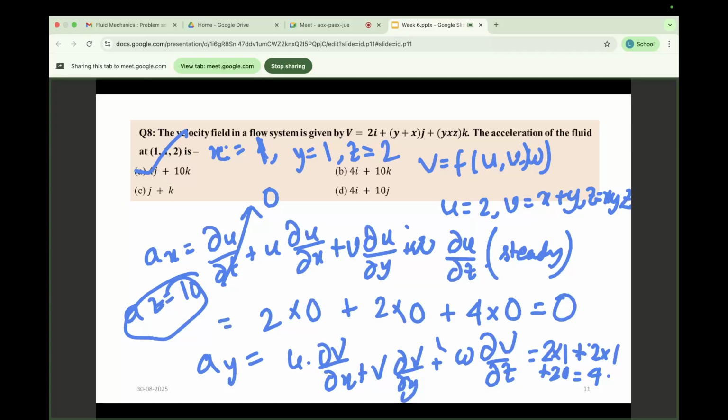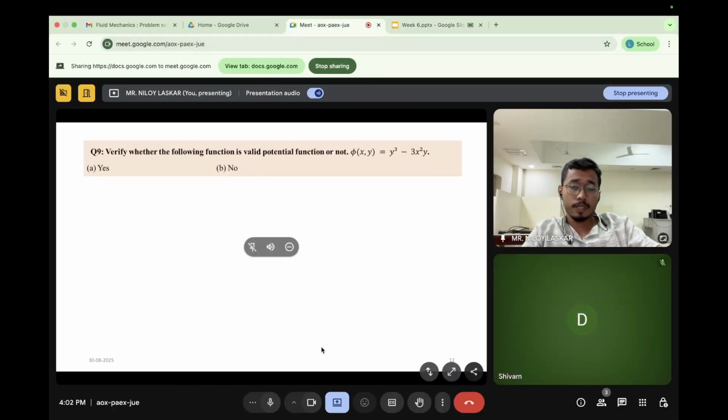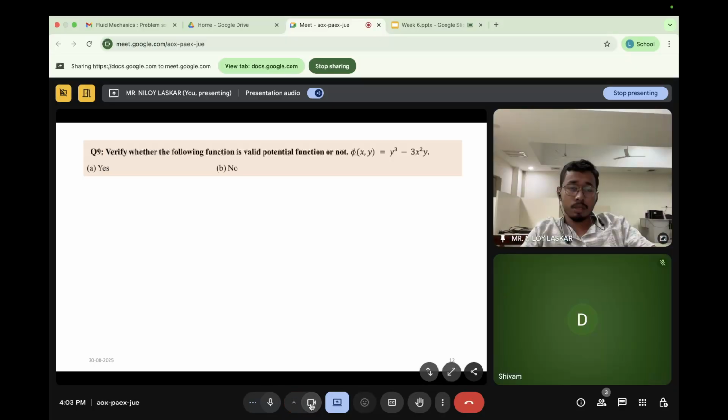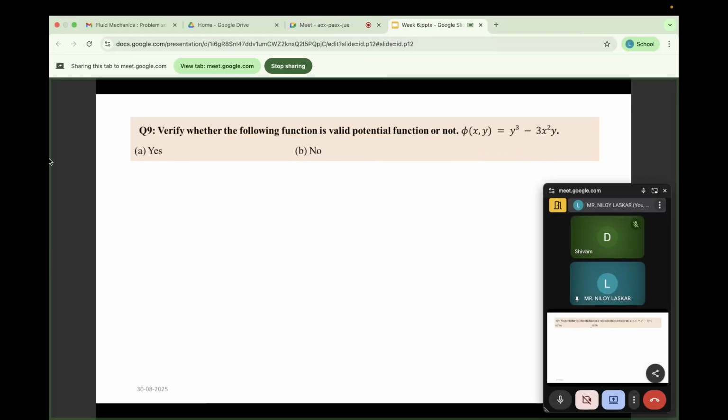Okay, so now I'm moving to the next one. I'm giving you 1 minute for this one. So no, I'm giving you 2 minutes. It's a tricky question, but I think you will be able to answer this one. So please have a look.